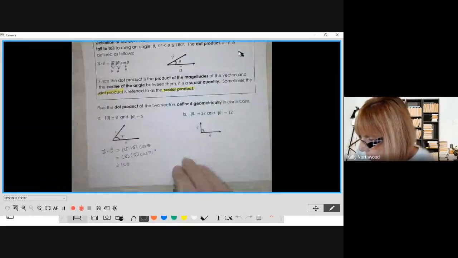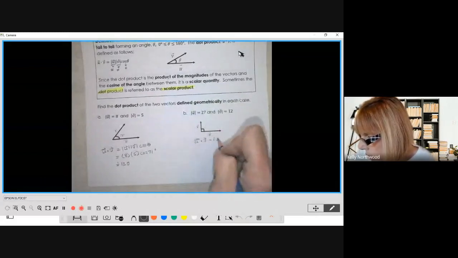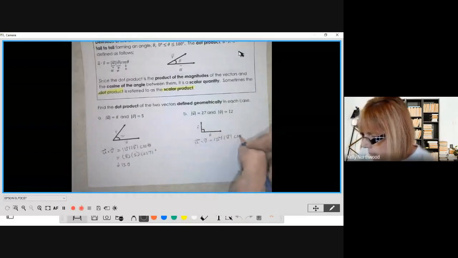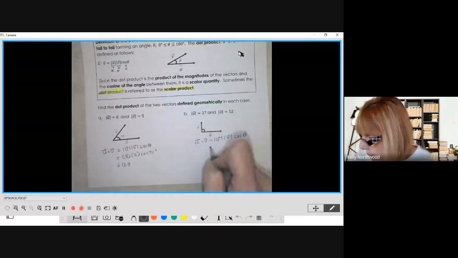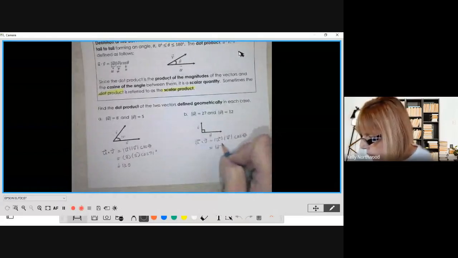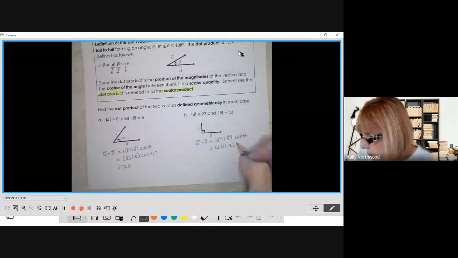In the second diagram, u dot v is again the magnitude of vector u times the magnitude of vector v times the cosine of the angle between them when they're tail to tail. That's going to be 27 times 12, the magnitude of vector v, times the cosine of 90 degrees.